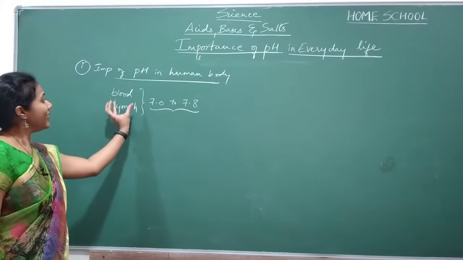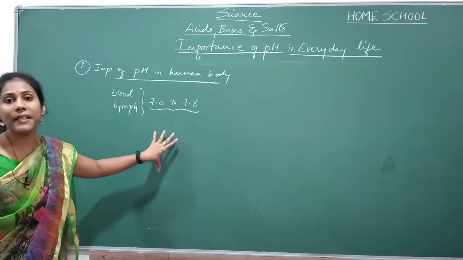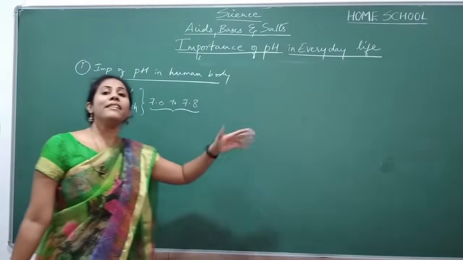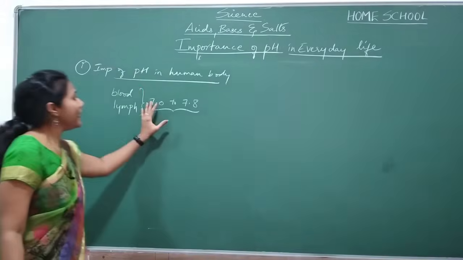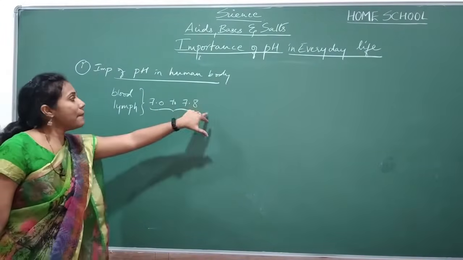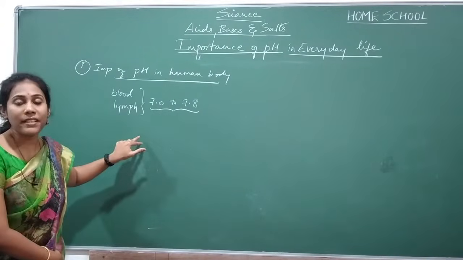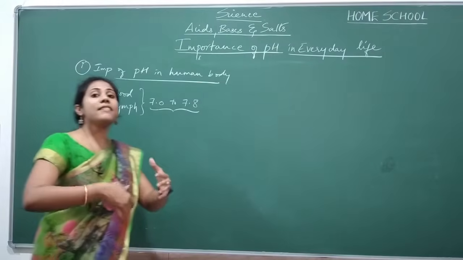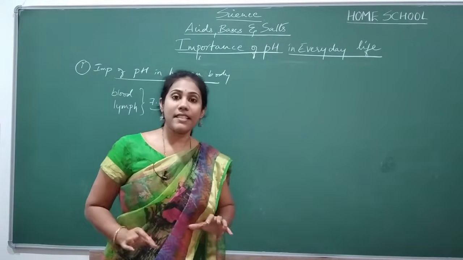Only when this pH range is maintained inside a human system does every chemical reaction occur naturally and smoothly. If the pH value is increased or decreased, say if it crosses above 7.8 or becomes lesser than 7.0, disturbances occur in the human body, which will lead to certain diseases.